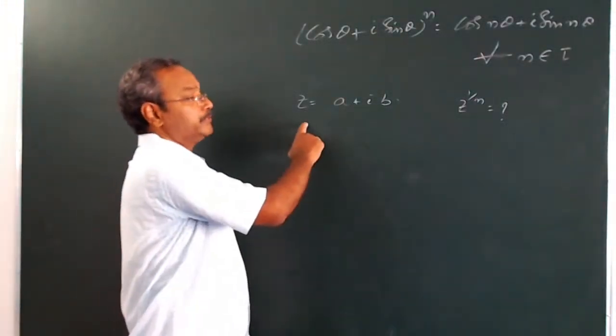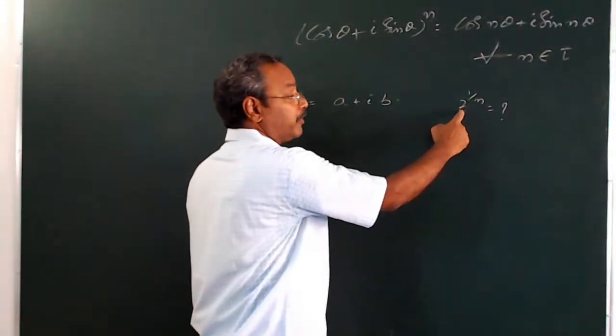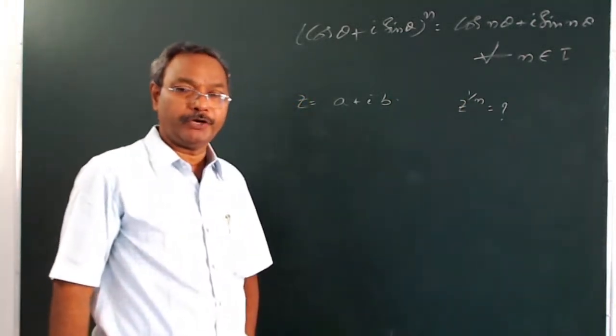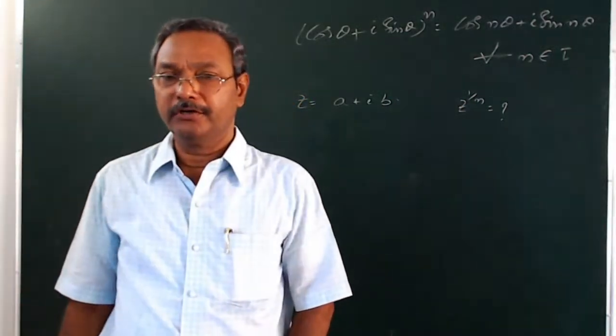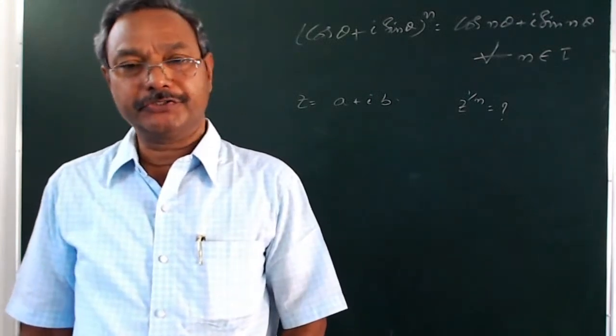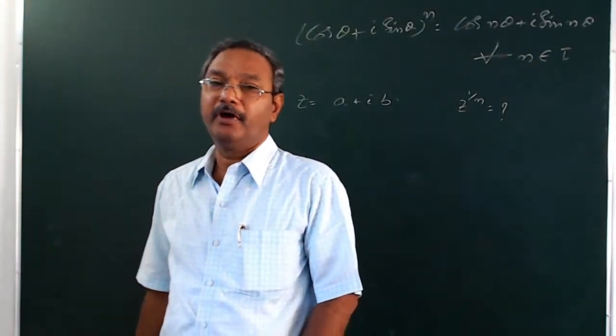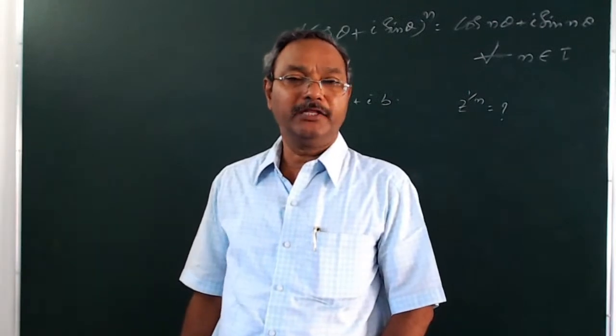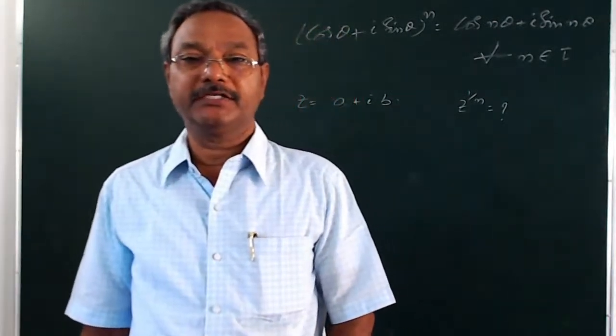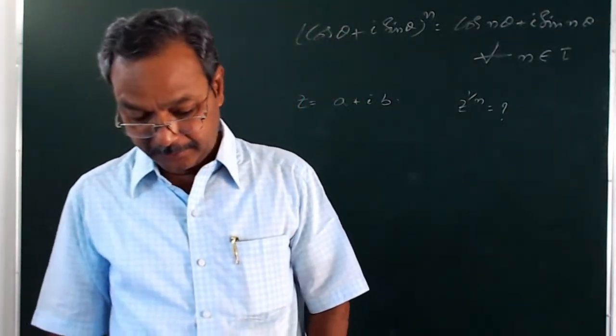This is the power of a complex number z. We know that the mod amplitude form allows us to write the powers of complex numbers in a simple, easy manner.